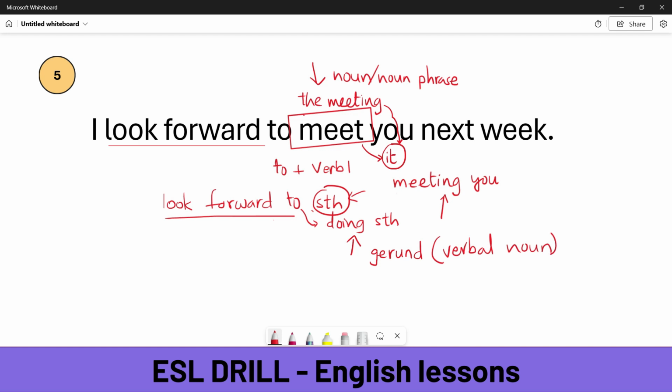Look at this one here, doing or going. So these are, let me write this, meeting as well. These are basically verb forms. They have ing form, but they act as nouns here. So we call them verbal nouns. So we use a gerund, V1 plus ing as a noun.